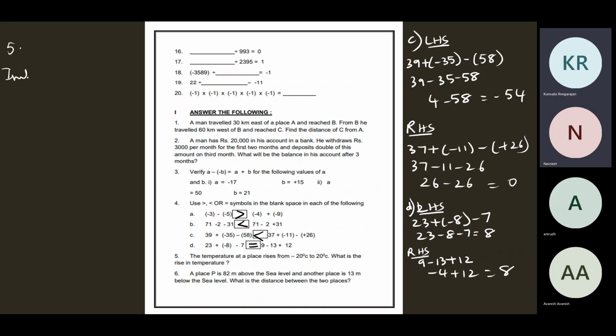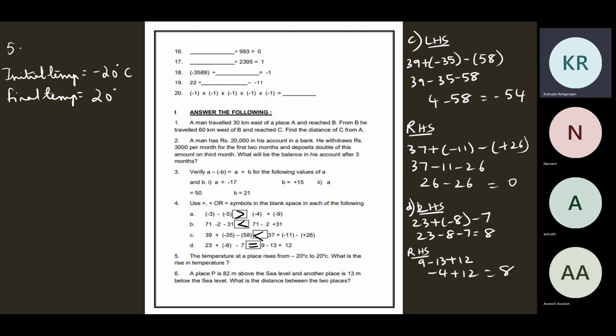Initial temperature, write down. If you have not written like this, write down. Initial temperature is equal to minus 20 degrees Celsius. Final temperature is equal to 20 degrees Celsius. Rise in temperature. You must write temperature spelling fully.